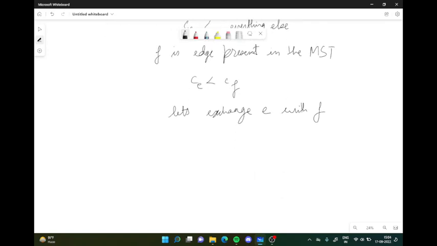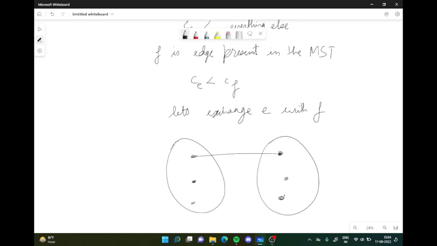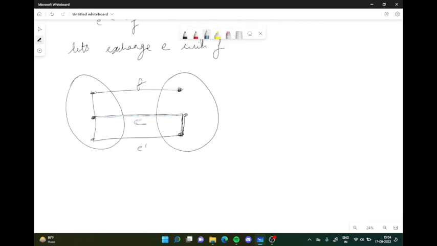So my claim is, my statement is, the resulting graph might not be the spanning tree. And why is that? Let's see. For example, if I have a graph such that this is edge F, this is our resulting spanning tree. This is E prime, this is F, and here is the edge E. Now, right now, this is how our spanning tree looks.